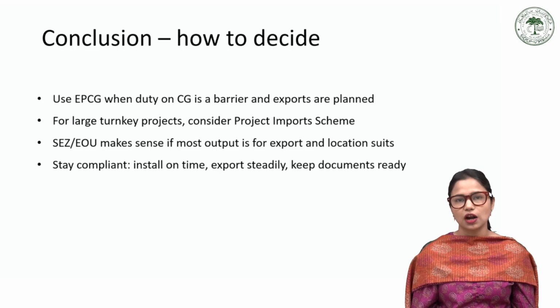In case of a large turnkey project such as metro, power, shipping, refinery, the exporter can consider the project import scheme. Units in the special economic zones or export oriented units make sense if most output is for export and location suits.